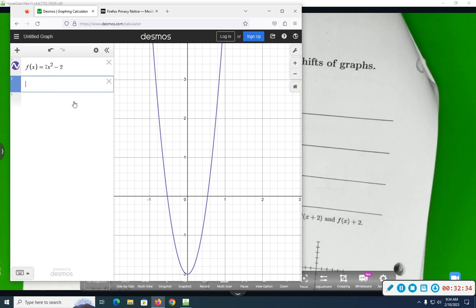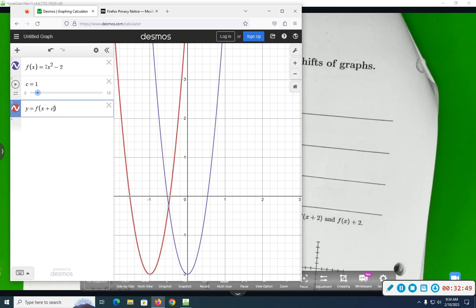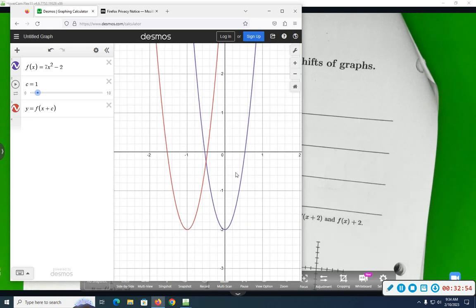Let's sketch the graph of y equals f of x plus c. Let's declare a constant. Let's let it run from 0 to 10. All right, so I've just gotten the graph of a new function, f of x plus c, where c is 1. How does the red function differ from the purple function?